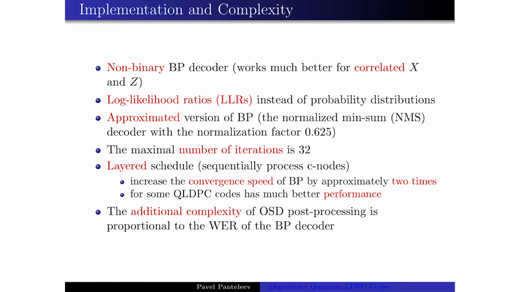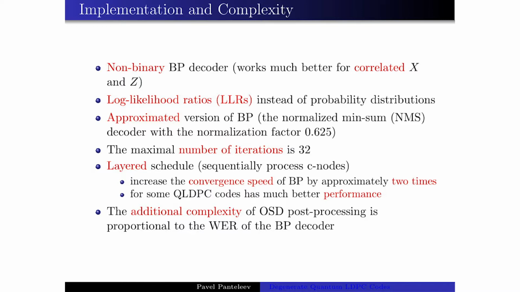This is important because we also ran some tests on the non-approximate version, and we get even better performance. But in order to speed up the simulations, we used the approximate version, with a maximum number of iterations of 32. What is also important is that we used a so-called layered schedule.